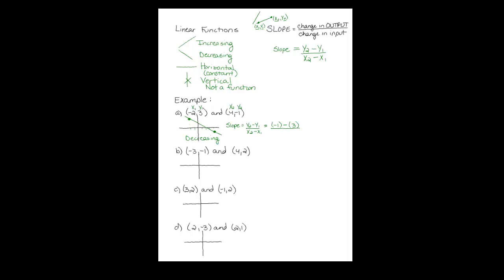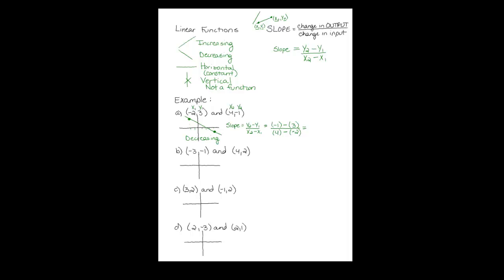Divided by, plug in your x values. x2 is 4. Minus, be sure to keep that minus sign in there. x1 is -2. All right, now notice I'm using parentheses around each of these values. That really helps to keep the signs in order. So always just be in the habit of putting these in parentheses.